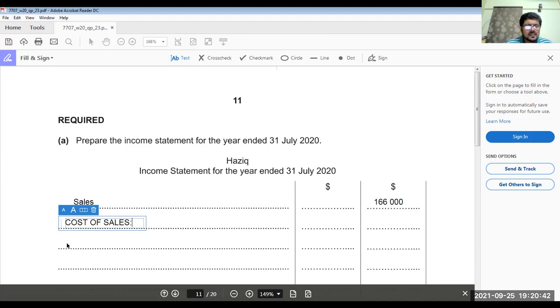Now, cost of sales starts with opening inventory. It is given in the question. Opening inventory 8,400. Now purchases.